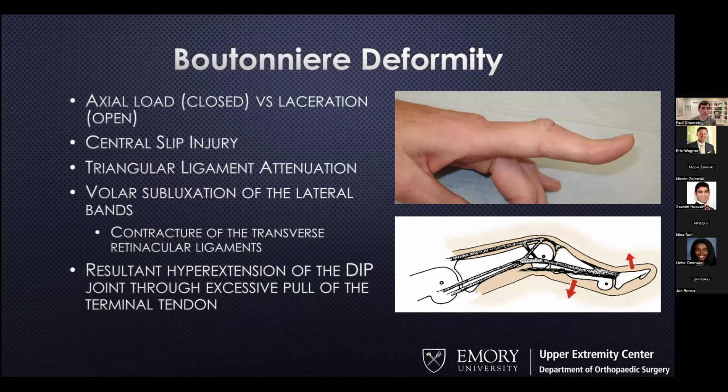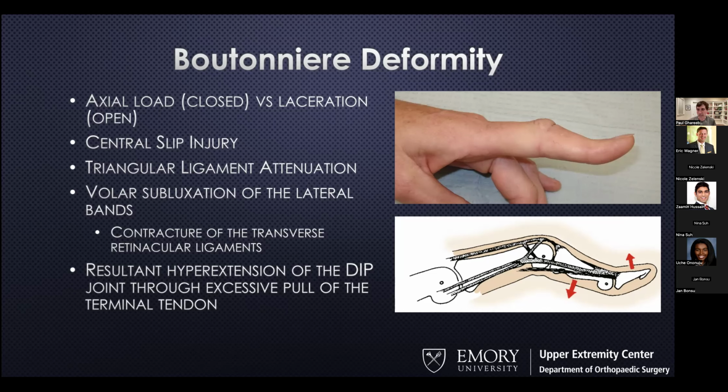To get the deformity, you also have to have attenuation of the triangular ligament and volar subluxation of the lateral bands. We'll go over this in a little more detail, but once you get that triangular ligament attenuation, the lateral bands sublux volarly.